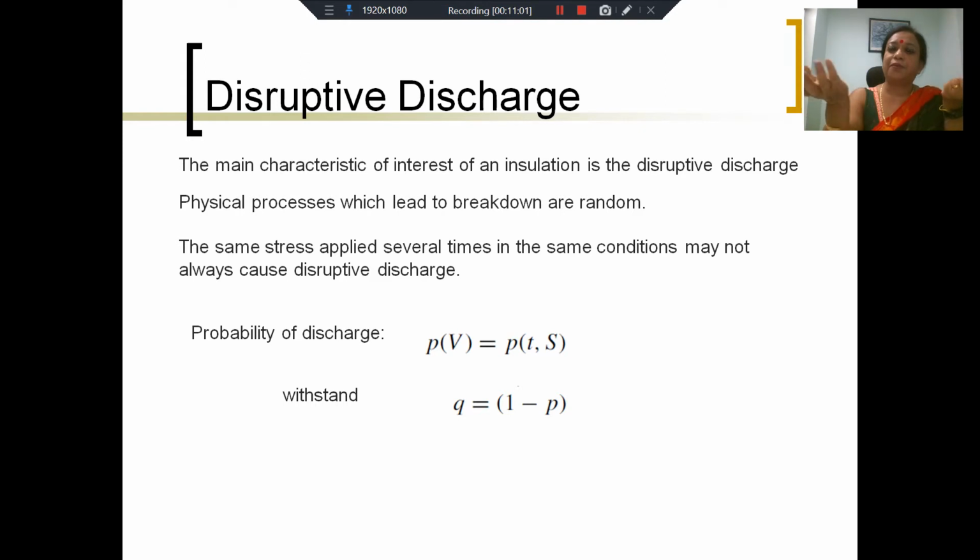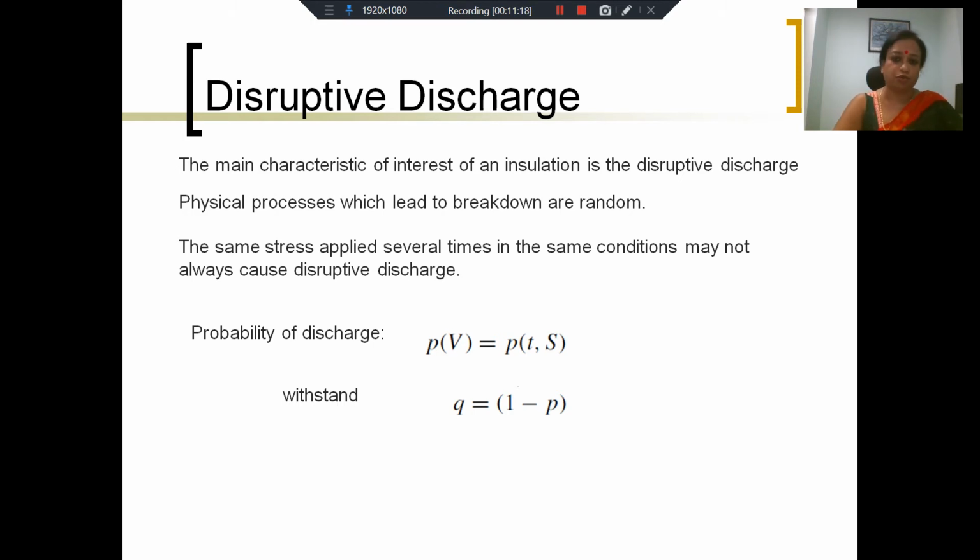Next time, breakdown may not happen at T seconds; breakdown may happen at a much longer period. So the dependence on time as well as stress is probabilistic in nature, and we will discuss later how we obtain these probabilities.